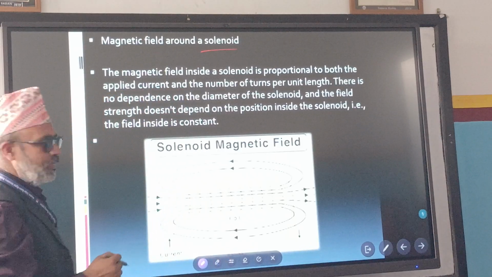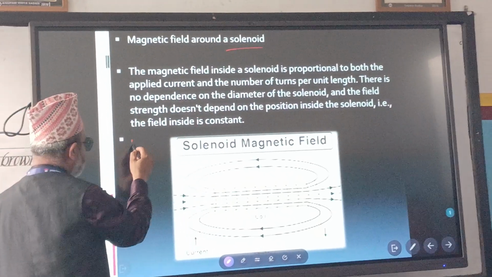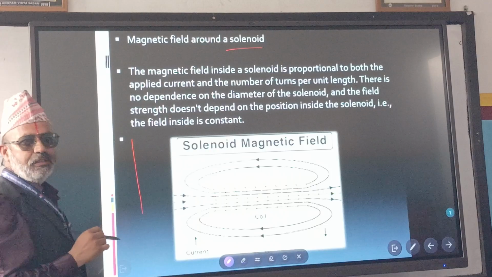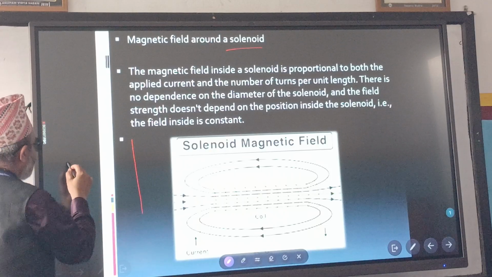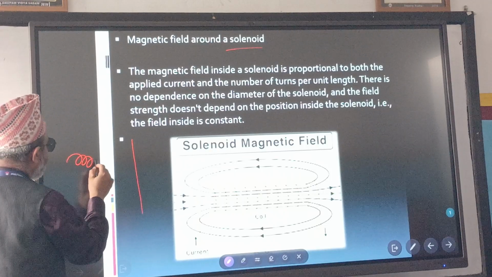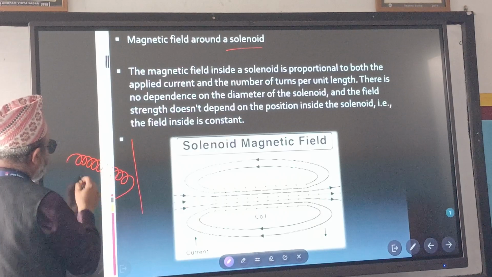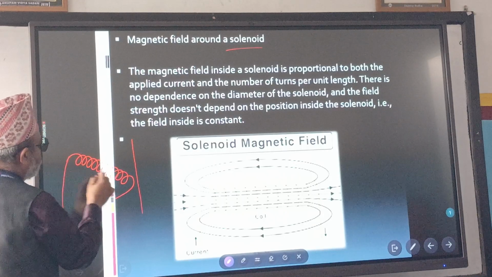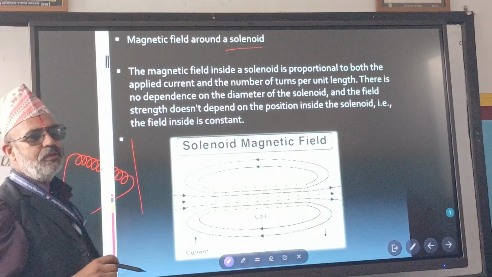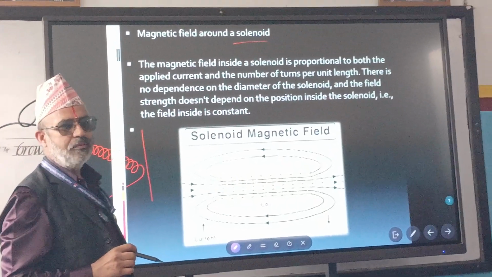Okay, this is a straight wire. When the wire is coiled, this coiled wire is called a solenoid, right?